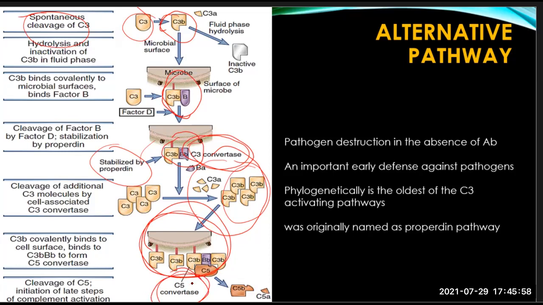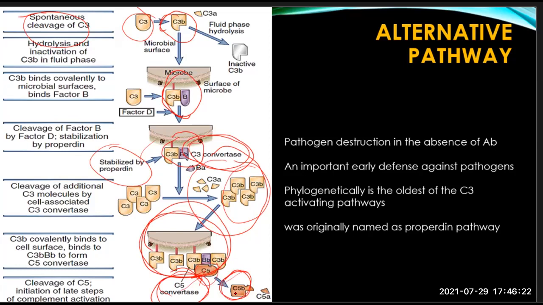And this C5 convertase cleaves C5 to generate C5b, the initiating event in the late steps of complement activation. Remember, the presence of C5b initiates the formation of the MAC, starting from C6, 7, 8 through 9.